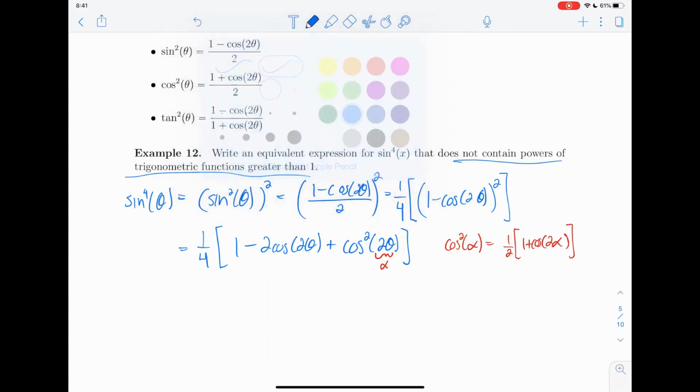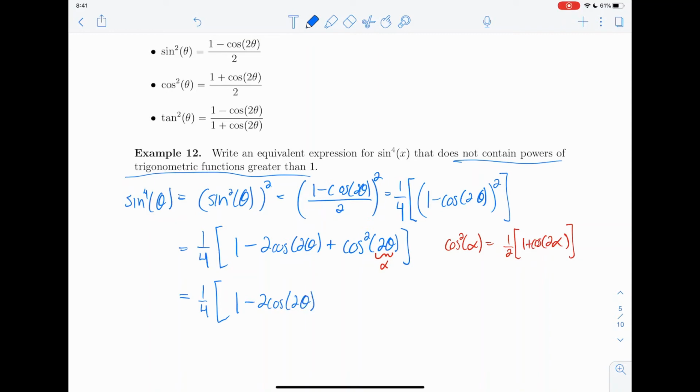So this is going to be equal to 1/4 times the quantity 1 minus 2 cosine of 2 theta plus 1/2 times 1 plus cosine of 4 theta. It's important to note here that this is a 4, not a 2. And that's because the previous line's cosine squared had a 2 in it already.